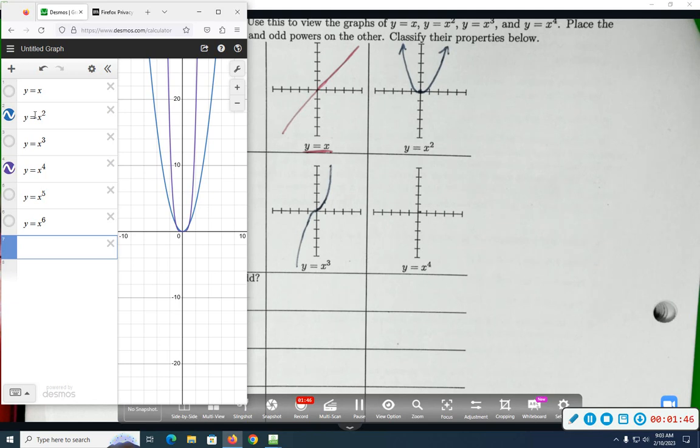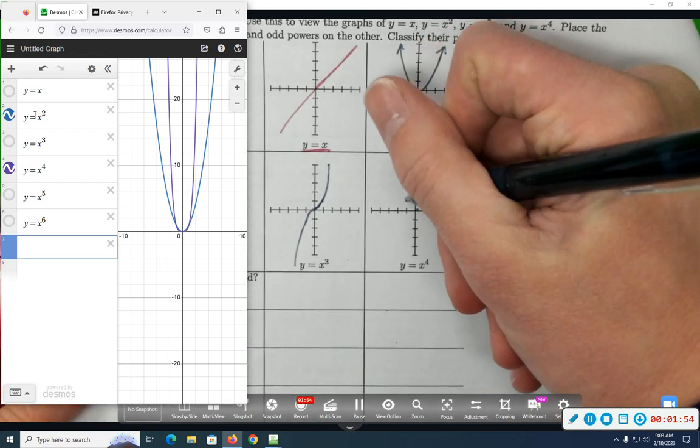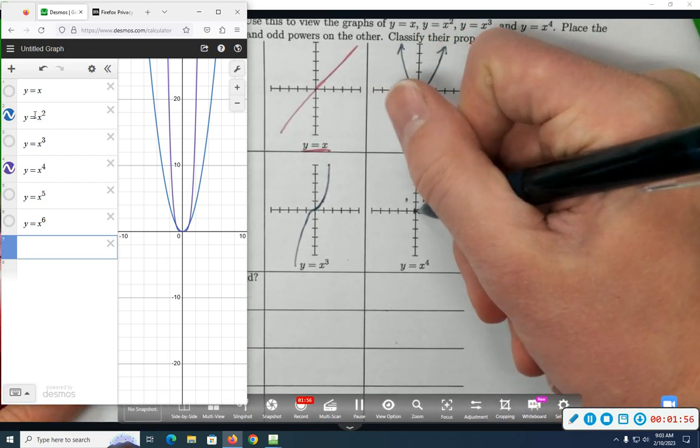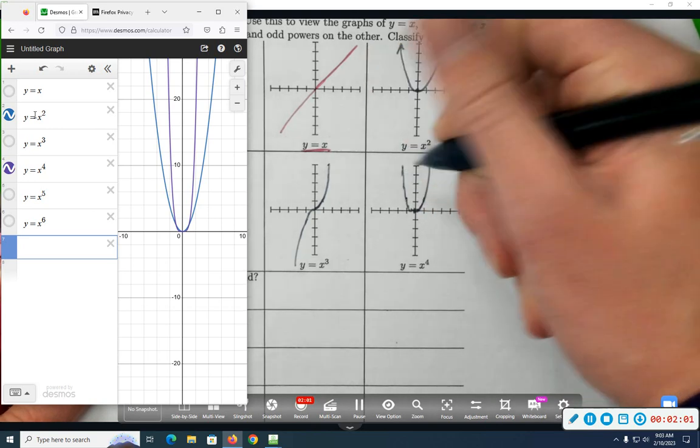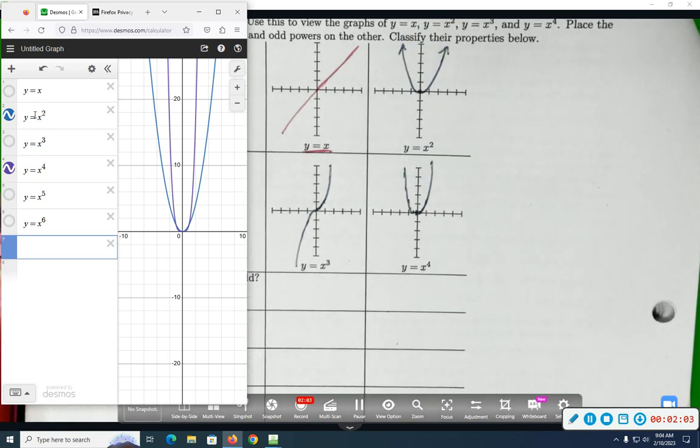Maybe the one to the 4th looks a little bit more squared off close to the origin. Its edges get steeper faster. Here's y equals x to the 4th.